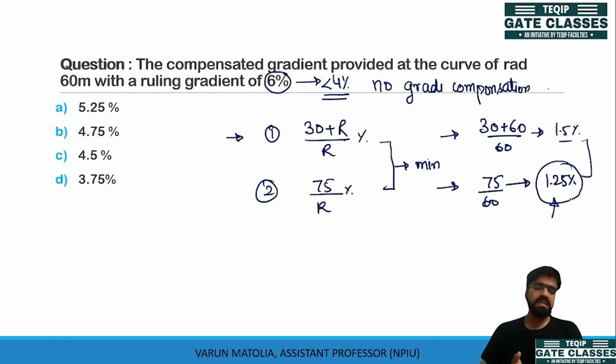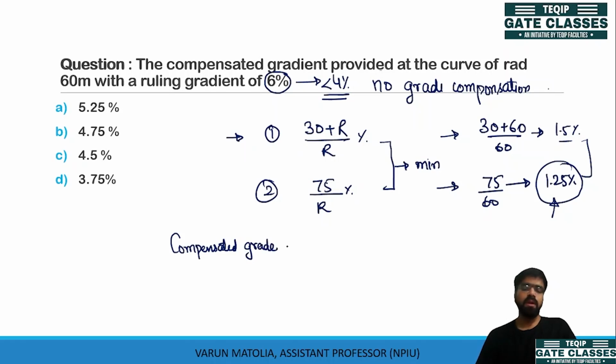But what the question is asking is the compensated grade. Grade compensation is the value which is reduced from the value of grade provided, and the compensated grade is the value of grade after the grade compensation is applied. So the compensated grade will be equal to 6% minus 1.25%.